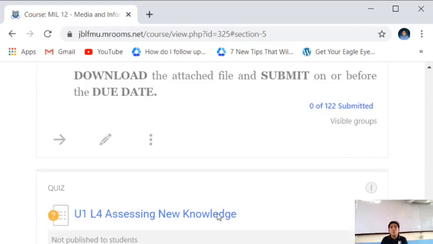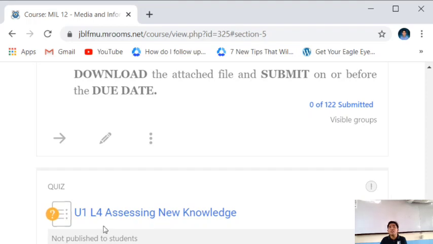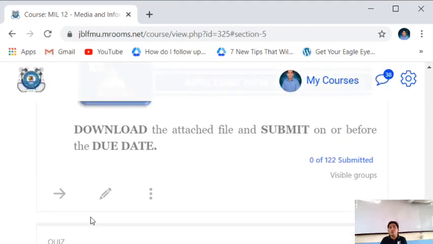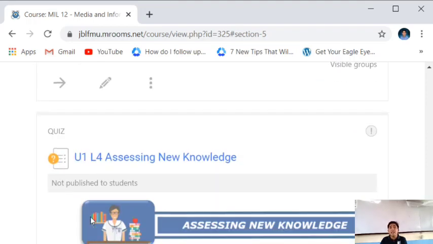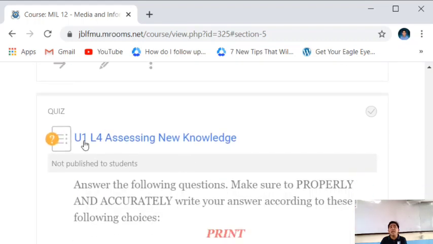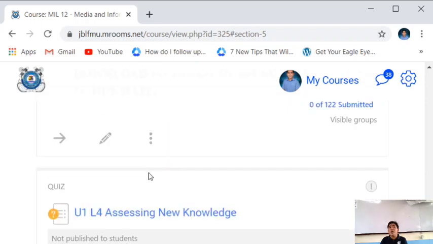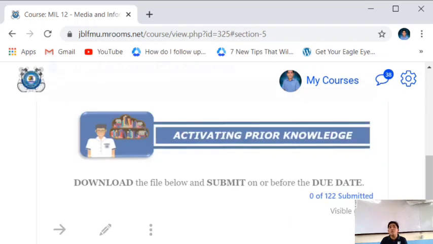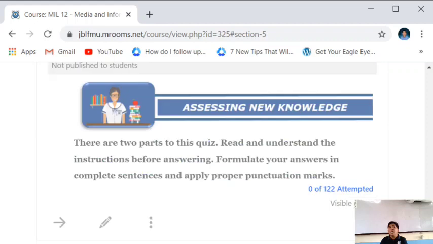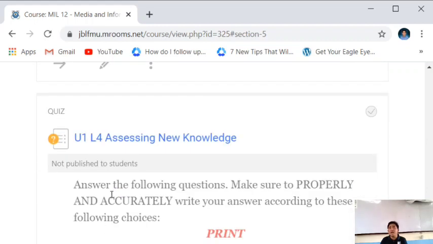Now, next, the assessing new knowledge for this lesson. Will you answer it? Yes. As I've said, what is answered is always the assessing part, because this is recorded and graded. So for all of this, in the lesson we are focusing on only two parts: acquiring new knowledge, and the assessment part, or assessing new knowledge.